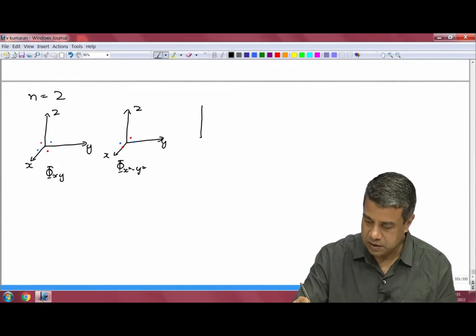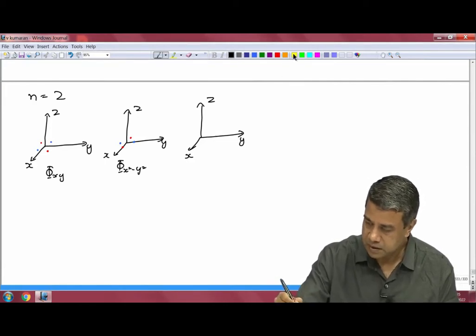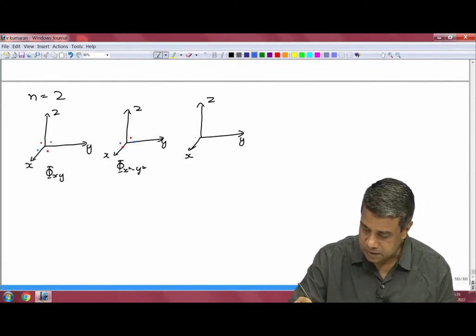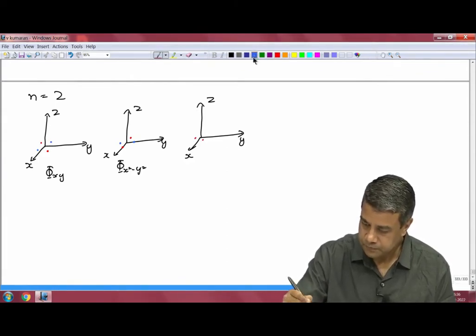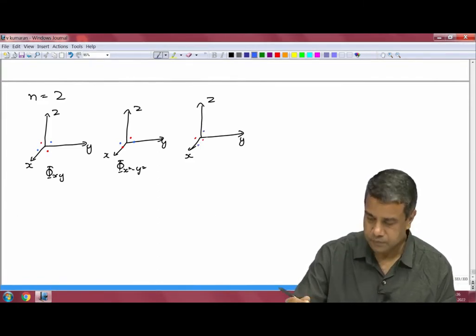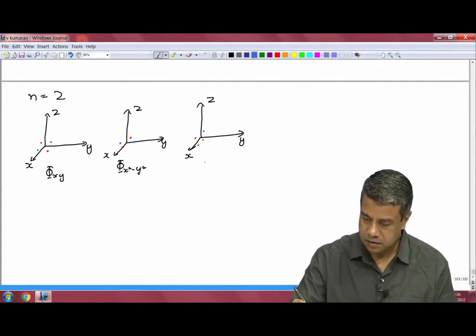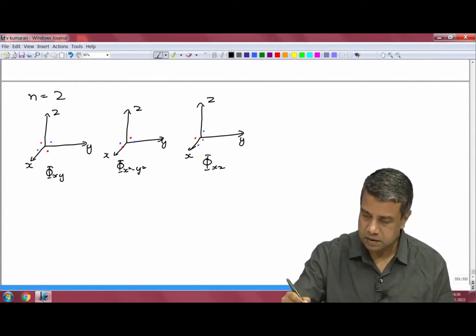Then there are two in the xz and the yz planes. One is in the xz plane. In the xz plane, I will try to plot it. Positive and negative, and this is phi xz.